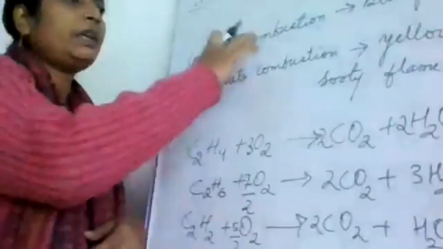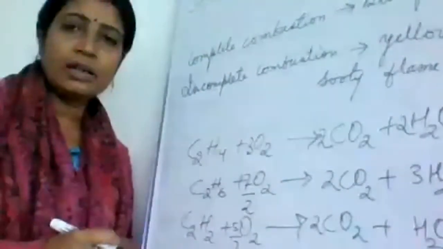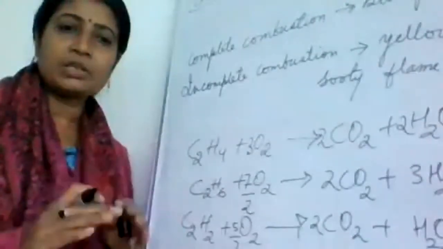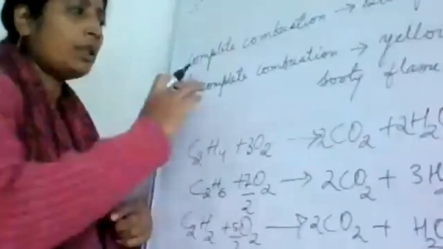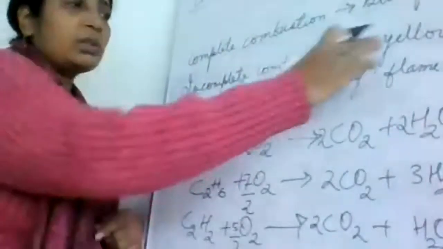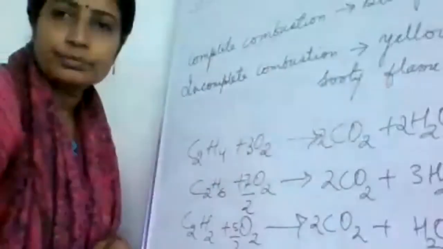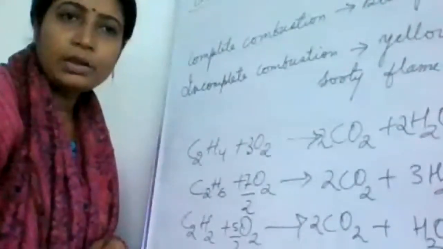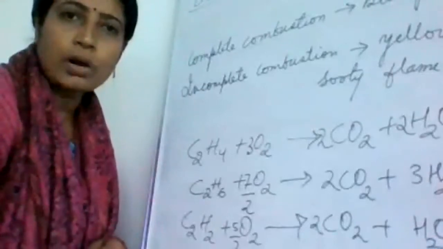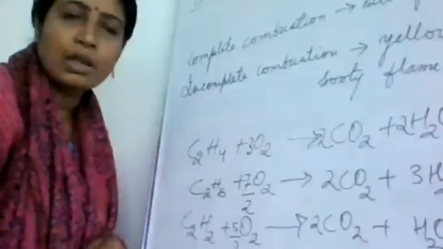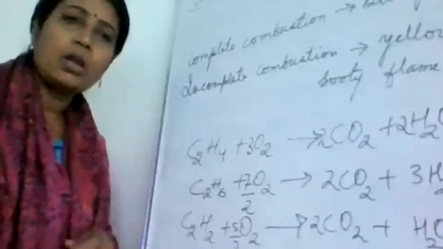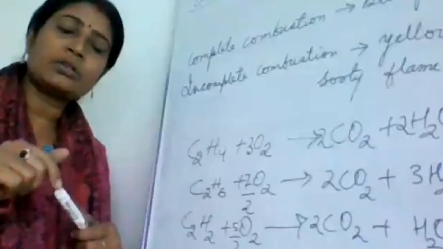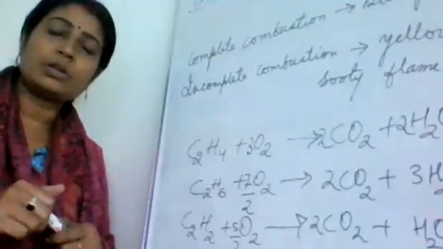So when you want to identify a complete combustion, when there is a blue flame, it is a complete combustion. But when there is incomplete combustion, there will be a yellow sooty flame. यानी धुआं धुआं yellow type का flame, तो वैसा combustion complete combustion नहीं है. And what is the cause of incomplete combustion?